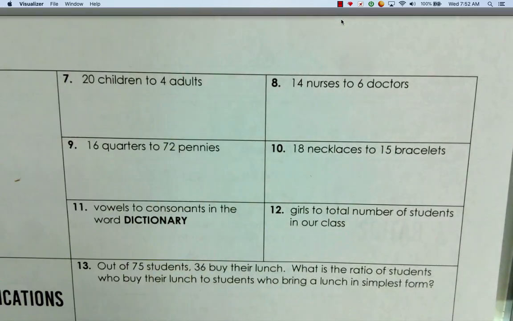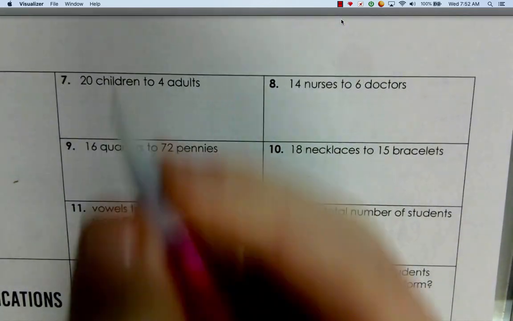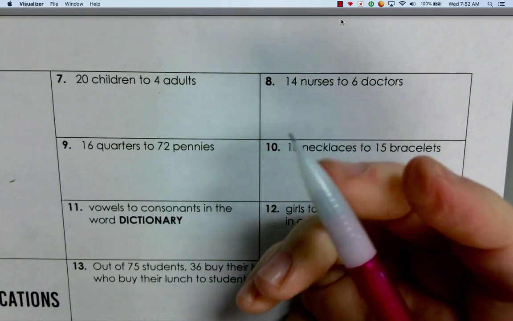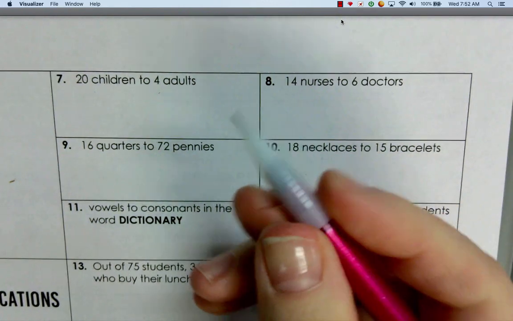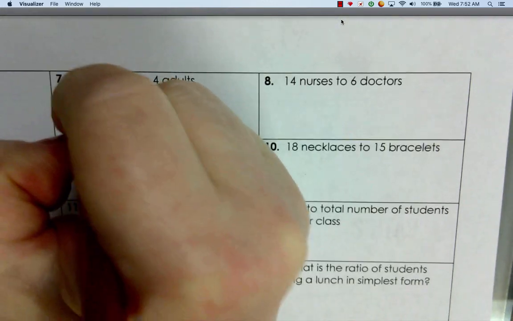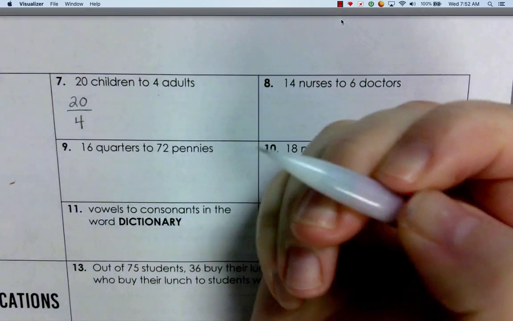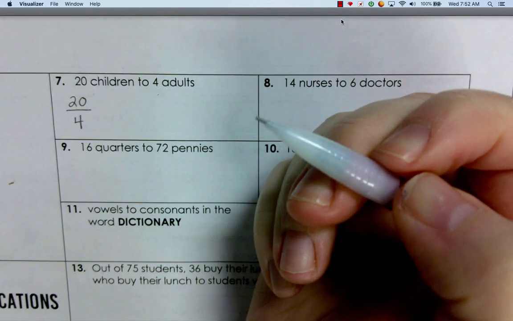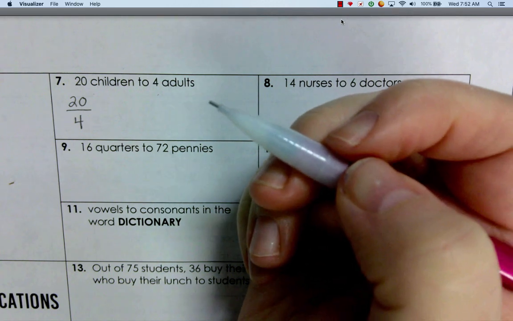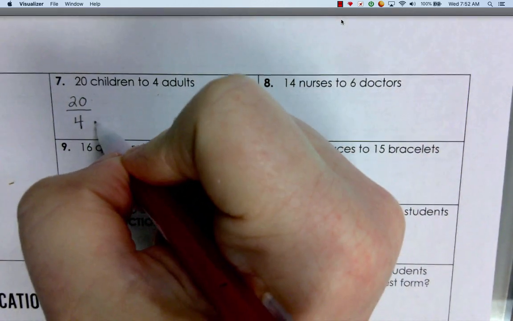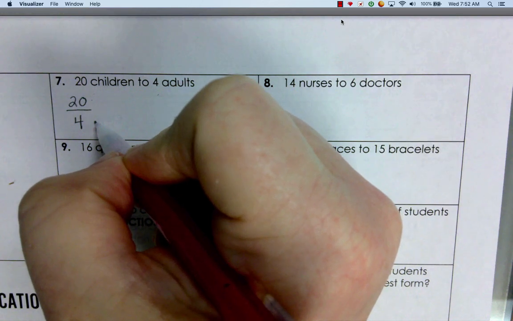All right, so continuing on, we have 20 children to 4 adults. So again, don't just try to put your smaller number on top. It's going to be the first one present, 20 to 4. Now, you are not going to do 20 divided by 4. Some of you are thinking, oh my gosh, it's going to be whole number 5. No. You're going to look for the greatest common factor of 20 and 4, and it is 4.